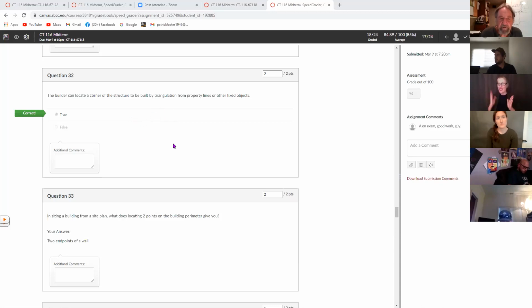Oftentimes when the house is skewed on the property line and they don't give enough information, you have to what's called triangulate. So you have to find other places where you can sort of deduce what the information will be. And that's what we did in that exercise. How do you show deduce or deduct?